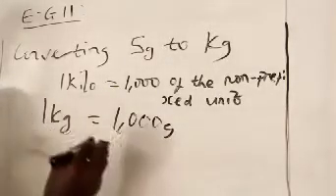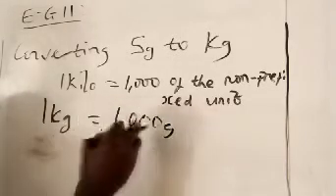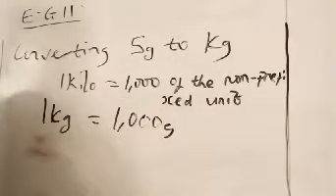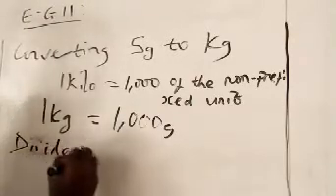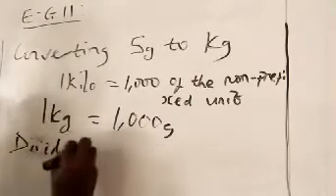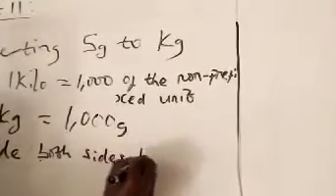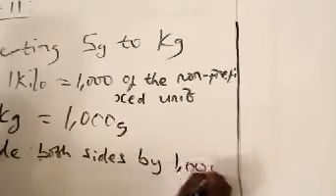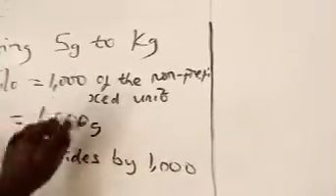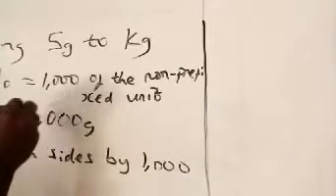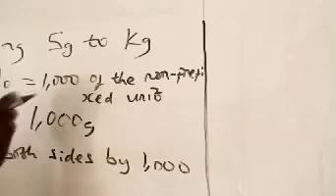So to do this, we want the whole of this to be 1. To achieve that, we divide both sides of the equation by 1,000. The essence of dividing both sides by 1,000 is that we want the whole of this number to be 1.